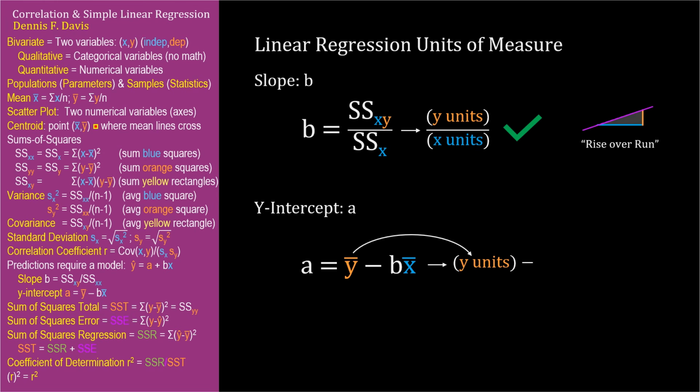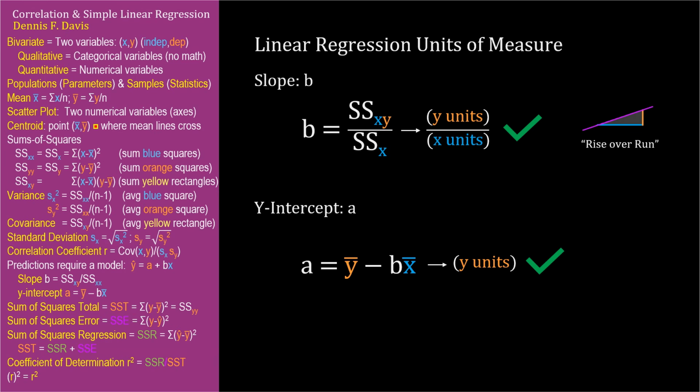The unit of measure for slope b, we know from above, is y units divided by x units. And the factor x bar, of course, carries the x unit. In the right factor, the x units cancel, which leaves us with y units minus y units, which is, of course, y units. So our formula for the y-intercept yields a measure whose unit is the y measurement unit we'd expect, so everything balances out.